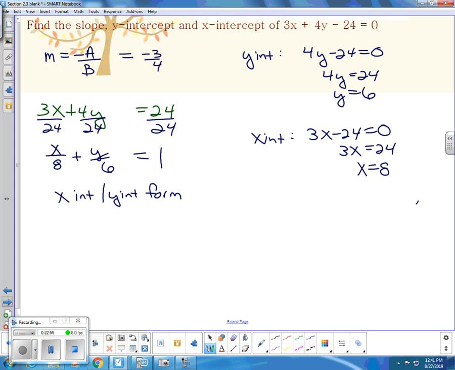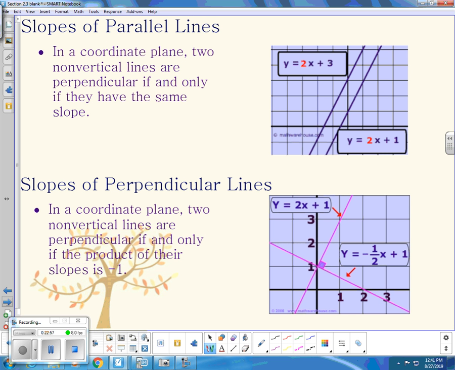All right. Parallel lines and perpendicular lines. Parallel lines are tilted the same, so they're going to have the same slope. They're equivalent. Perpendicular lines have opposite reciprocals. Notice 2 over 1 and negative 1 over 2. Okay?